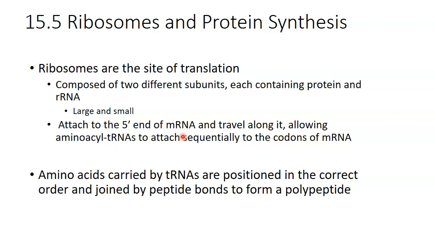And as it reads it, it's going to bring in the appropriate aminoacyl tRNAs, those that have the appropriate anticodon and therefore the appropriate amino acid. And as it brings them in, the amino acids are going to be covalently linked to each other, and we're going to end up building a polypeptide chain. Okay?